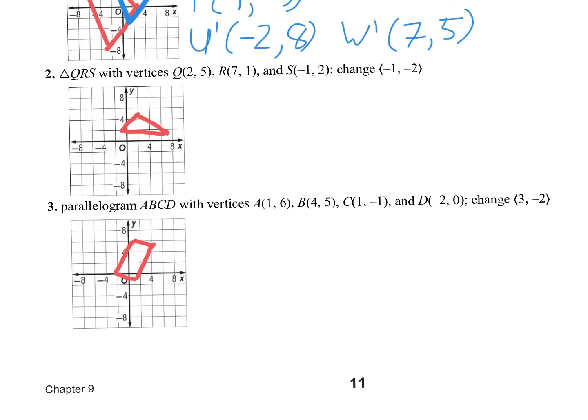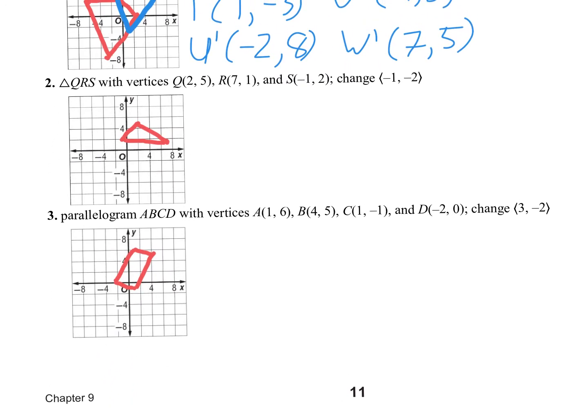Number 2, we want to take triangle QRS and implement a change of (-1, -2). So all of my x's are going to drop by 1. We're going to go left 1 unit, and all of our y's are going to drop by 2. We're going to go down 2 units, such that Q prime will exist at (1, 3).